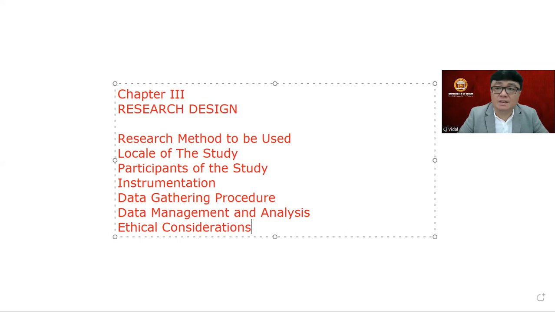shall give proper justification for the choice of the place of the conduct of the study. So you will need to think of a logical and a compelling reason insofar as the choice of the location of the investigation is concerned.